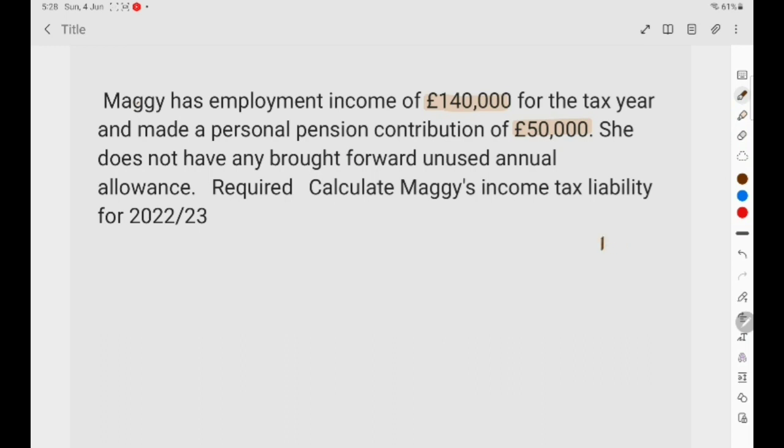So first we have to consider the taxable amount. This is 1,40,000, the employment income, and there is a personal allowance of 12,570. Remember, why do we have to deduct the personal allowance?